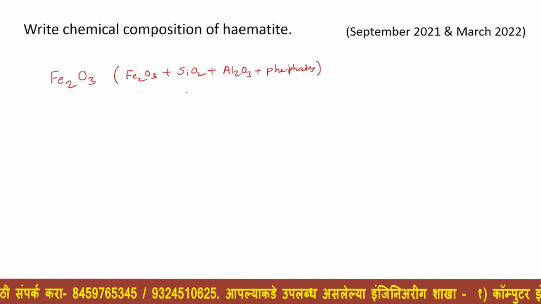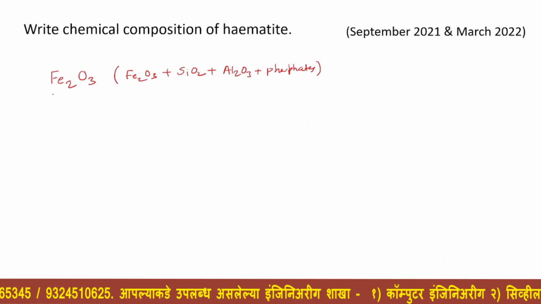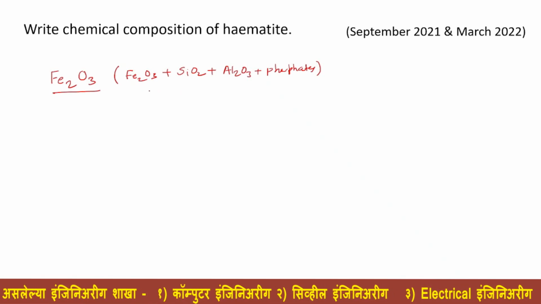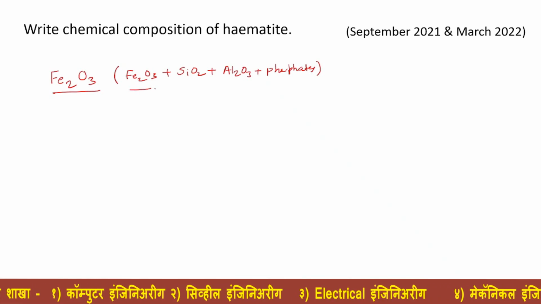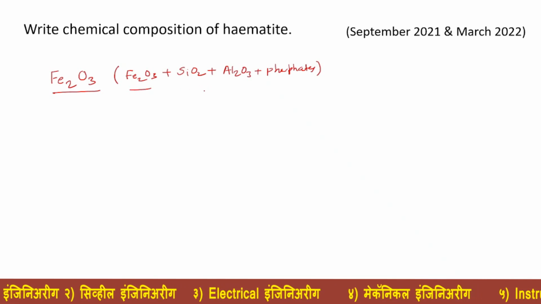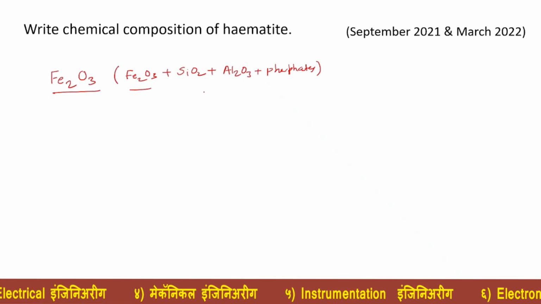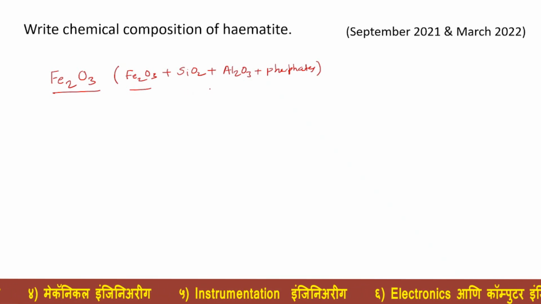So this ore hematite contains this ferric oxide, and other than that the gangue of SiO2, Al2O3 and phosphate.